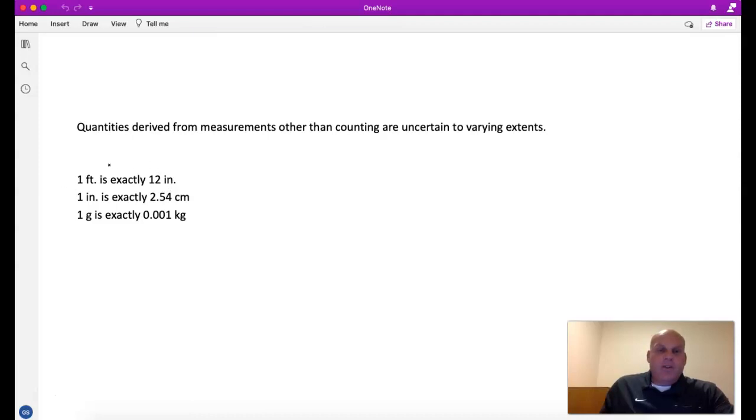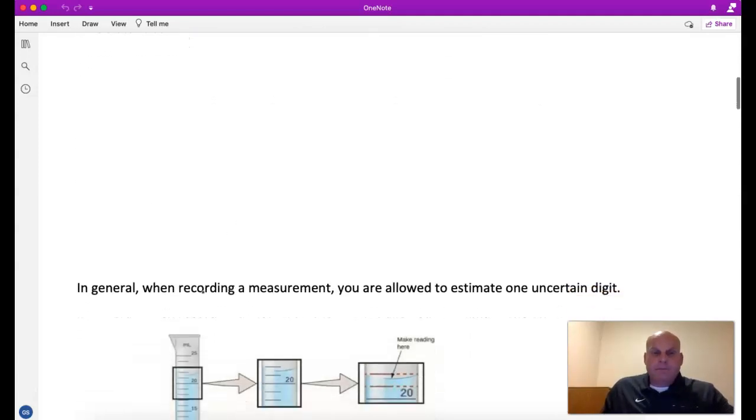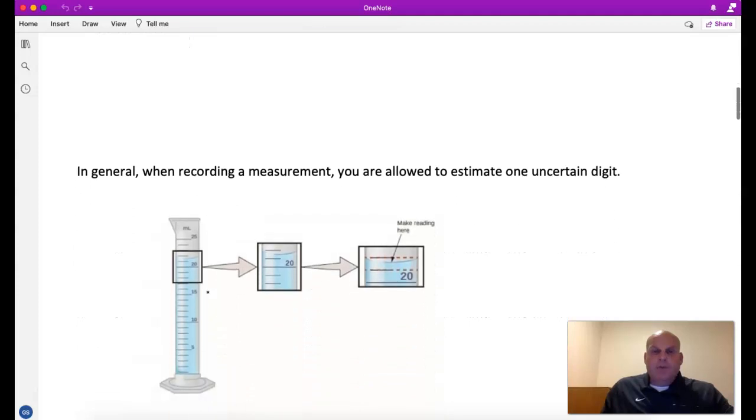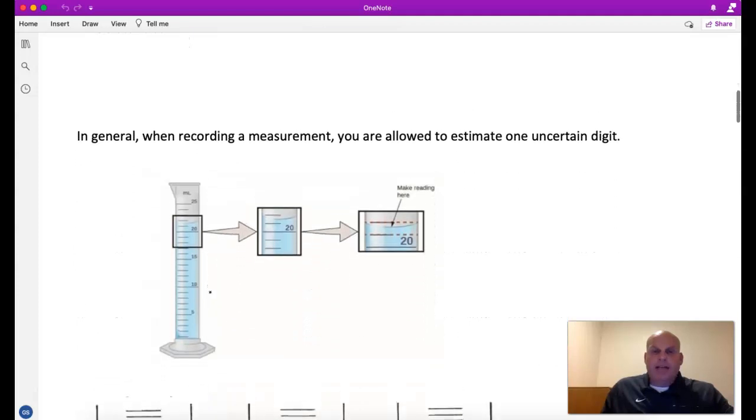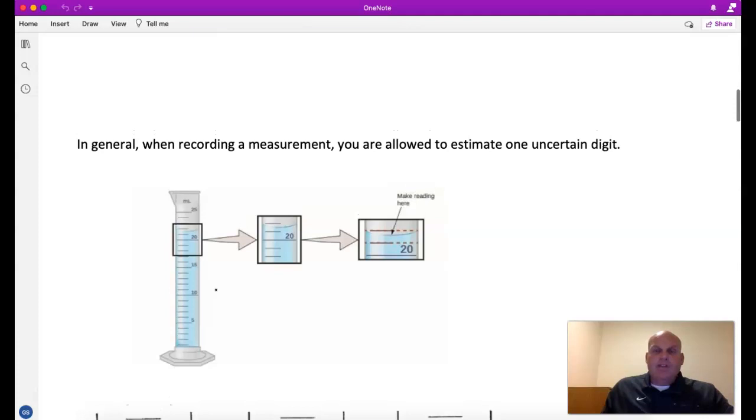So there is no uncertainty in these relationships. Other than that, there is some level of uncertainty in all of our measurements. In general, when recording a measurement, you're allowed to estimate one uncertain digit.